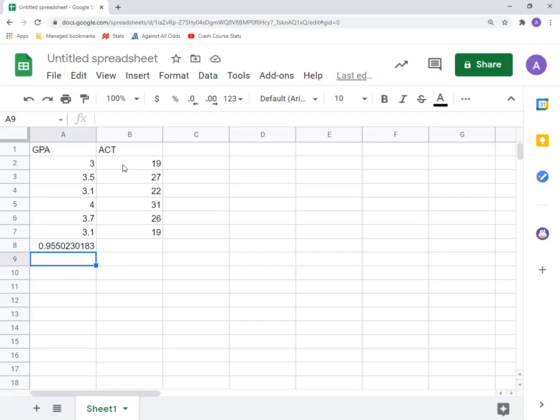List 1, list 2, so go down and highlight.